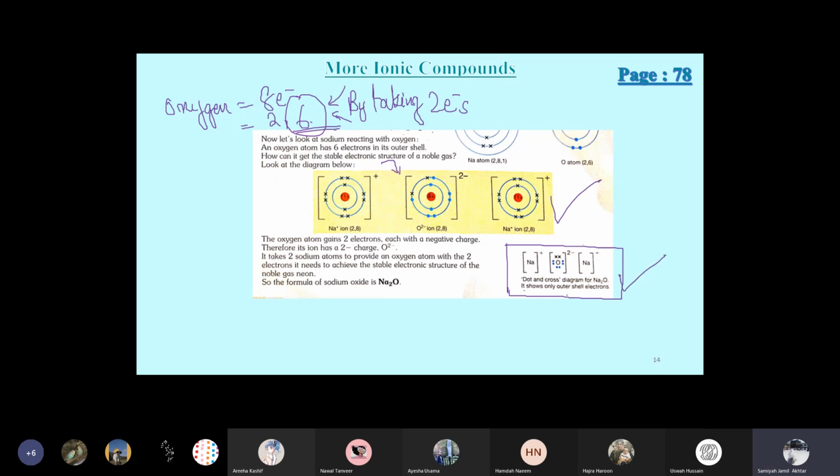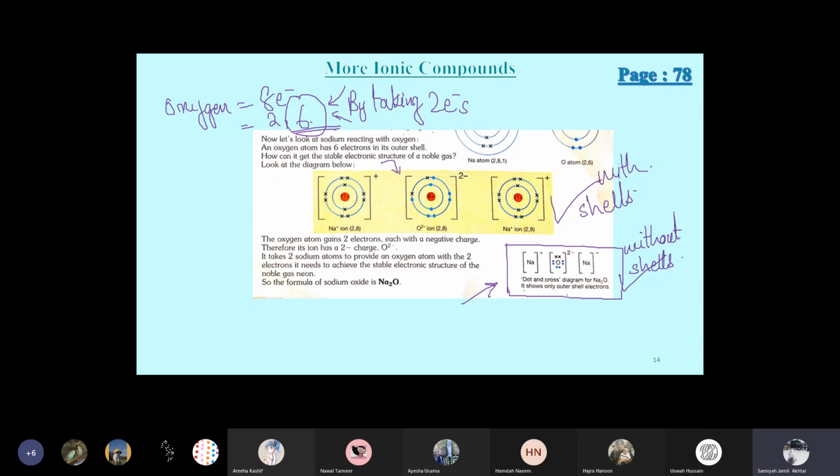The first diagram in the yellow is the one with shells, and the other diagram is without shells. So you can draw the diagram in any way. It's your choice, with shells or without shells. In this diagram, they have not drawn any shell.